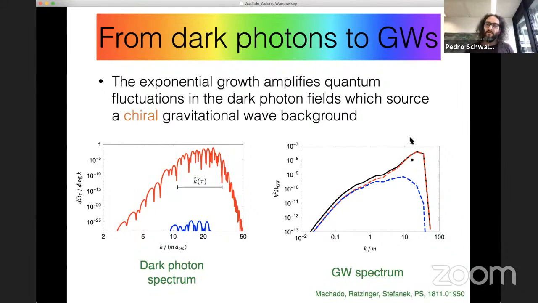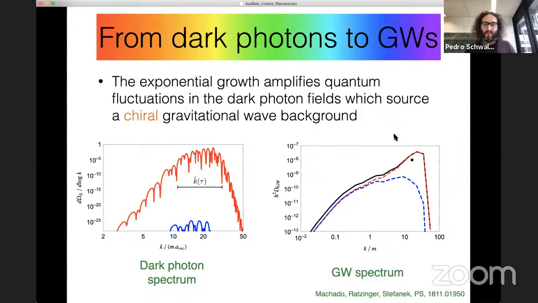Since maybe a lot of people here have more background in inflation, this is very analogous to how this happens in models of axion inflation coupled to gauge fields. There you find the same spectra, just the background is different. The interesting thing is that since this spectrum is produced in radiation domination, it's not redshifted away by the inflationary dynamics. So this is something we can try to find.